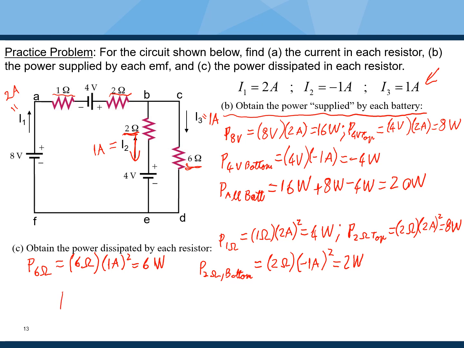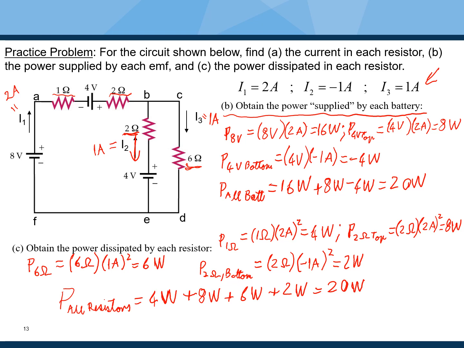If we sum up all the power from all resistors, that's equal to 4 watts from the 1 ohm resistor at the top plus 8 watts from the 2 ohm resistor at the top plus 6 watts from the 6 ohm resistor on the right side plus 2 watts from the 2 ohm resistor at the bottom, and that gives us a total of 20 watts of power dissipated in the resistors.